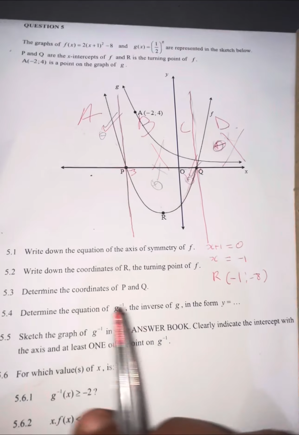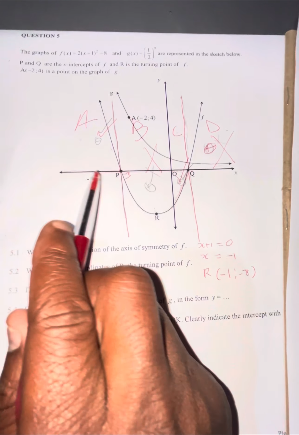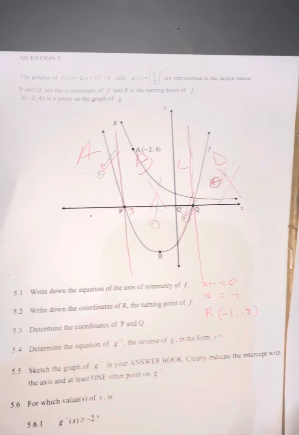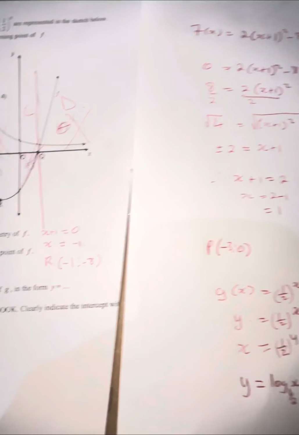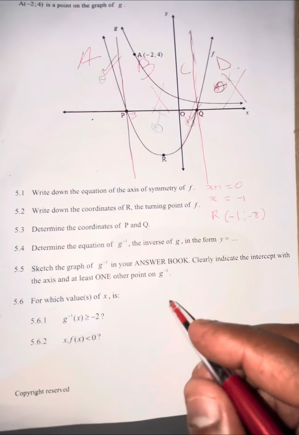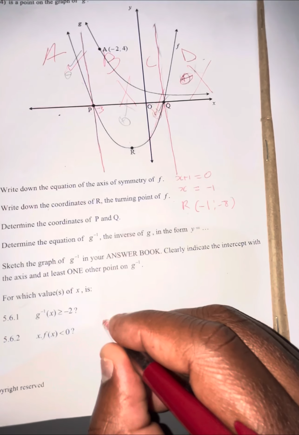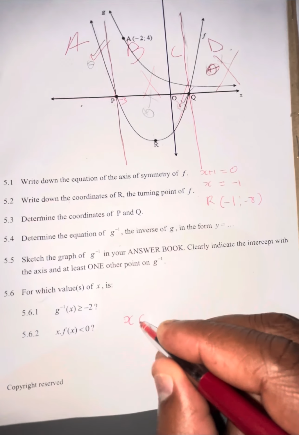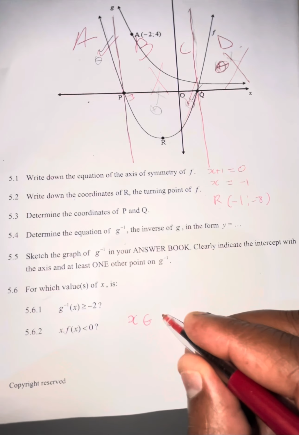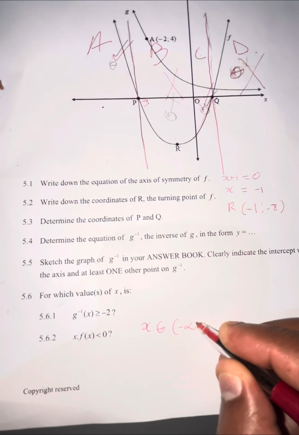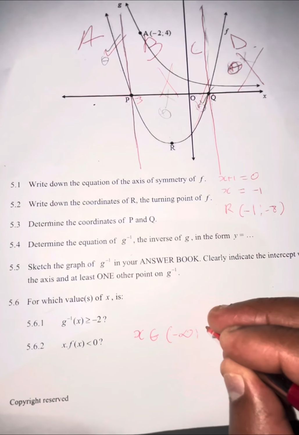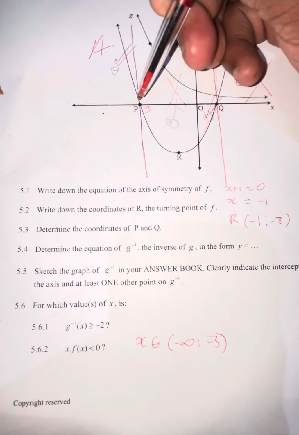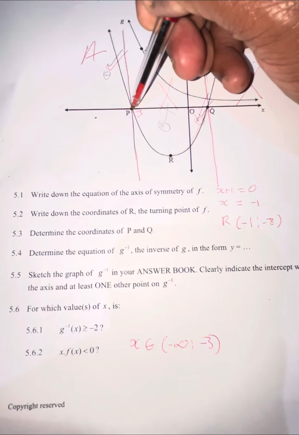Let me write it here. We always start from left to right. So this will be -infinity up to -3. So the solution can be written like this. x is an element of -infinity to -3, because we start from small to the big values.